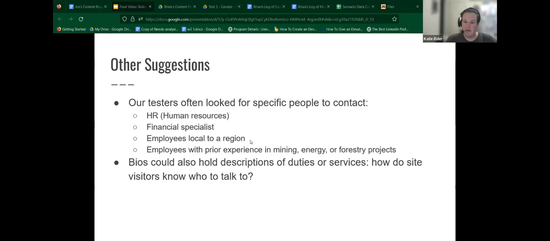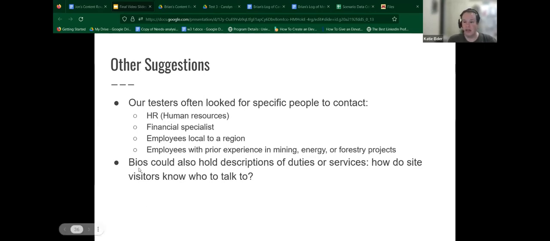They also might be looking for an employee that's local to a specific region of Chile, or if they are a local person that has just had a mining project start up, they might be looking for employees with prior experience in mining so they can ask safety questions or environmental questions.